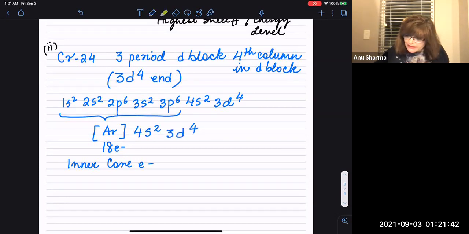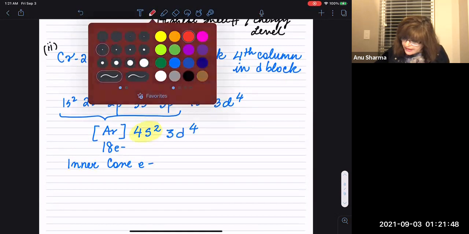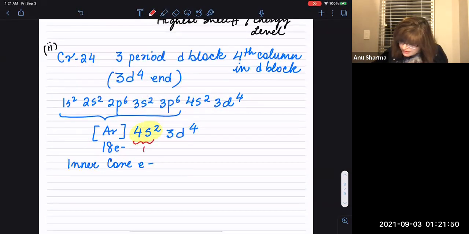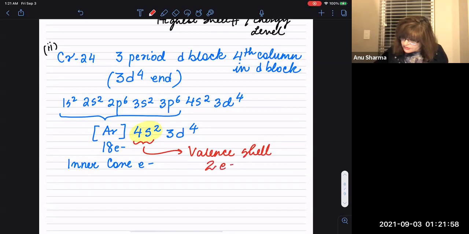But even with this placement, this is the valence shell. So don't forget that this highest shell number, the valence shell, contains 2 electrons. So when you make the Lewis dot structure of chromium, it will just be these 2.